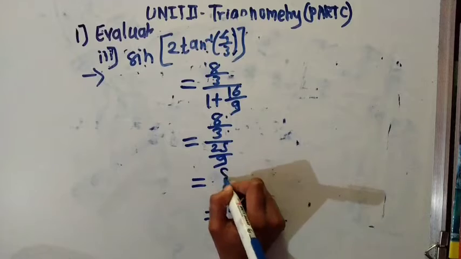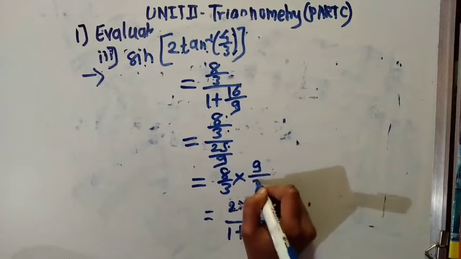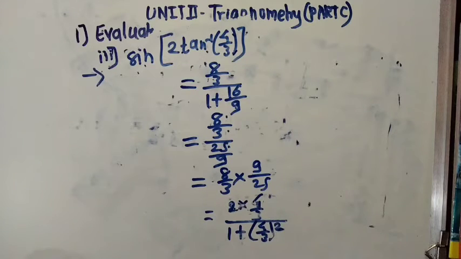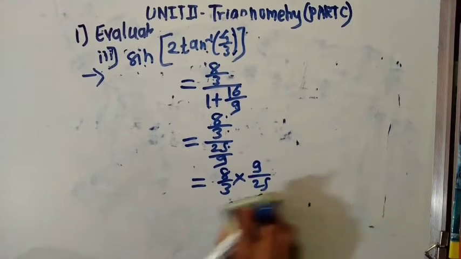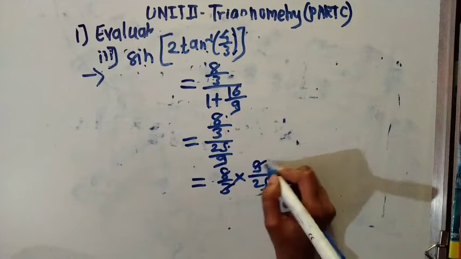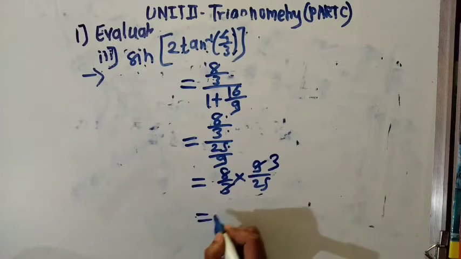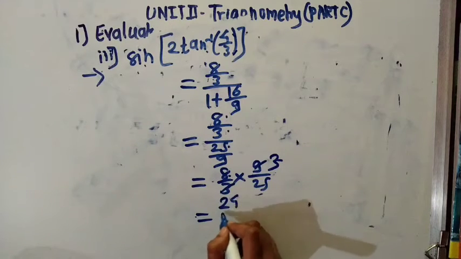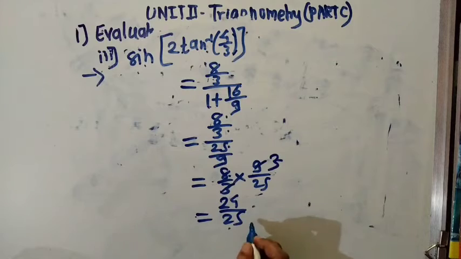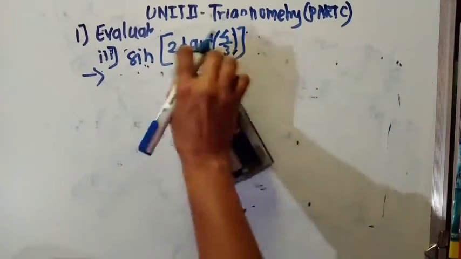Hence 8 upon 3 into 9 upon 25. 3 into 3 is 9 and 8 into 3 is 24 upon 25.